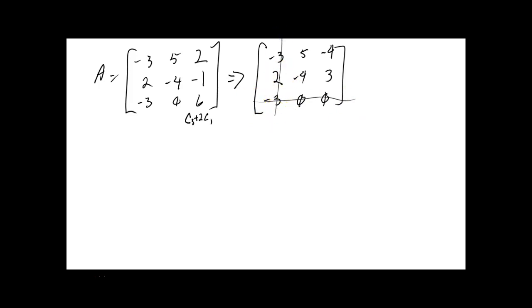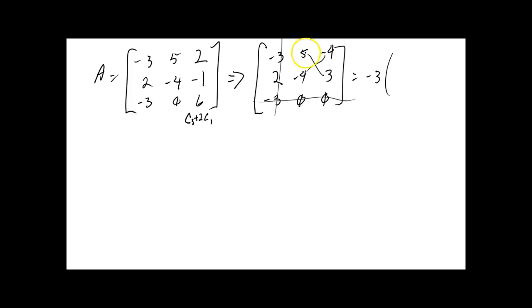What's the sign of my position for the -3? That's a positive, but it's still a -3, so this will be -3 times, and then you do your determinant. What does that give you? Second?